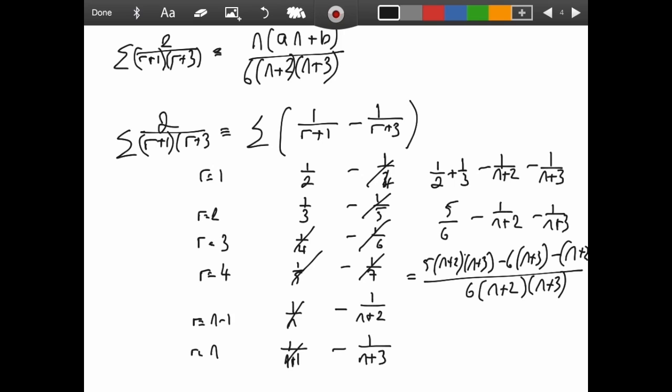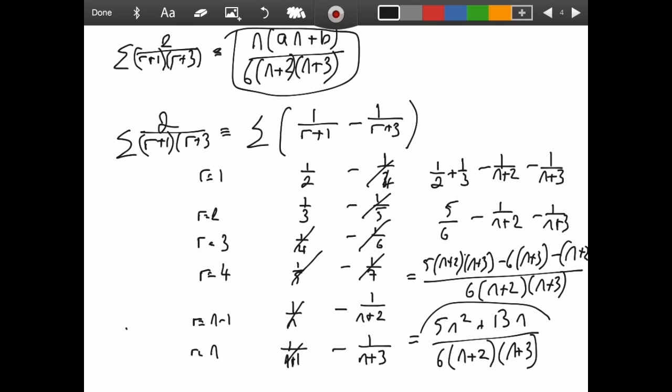Rearrange that to give us 5n squared plus 13n all over 6(n plus 2)(n plus 3). And if we rearrange that, we can put those together and equate the coefficients with the original expression on the top here, and we can see we get A equals 5 and B equals 13, which is what we were looking for.